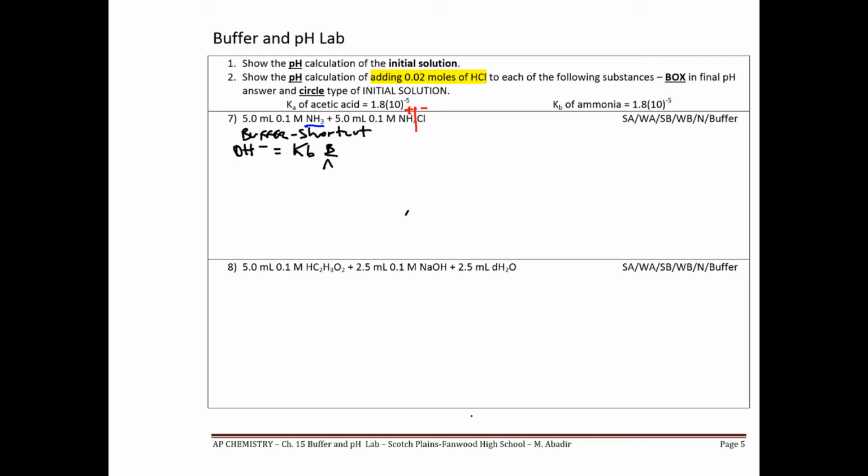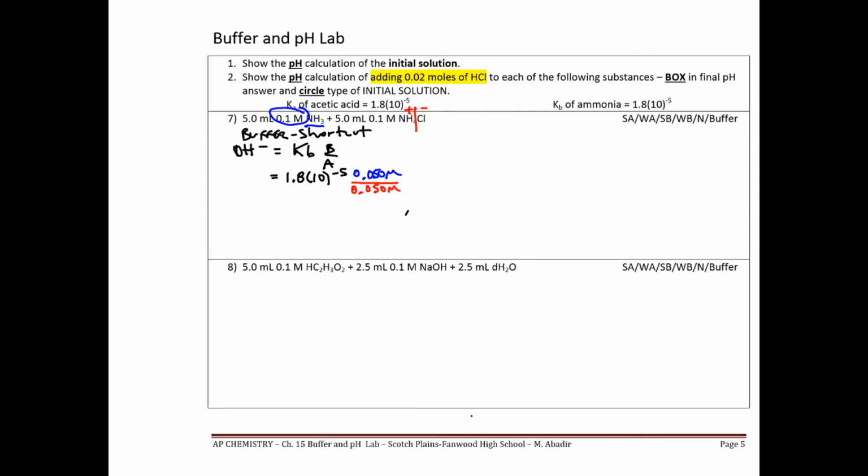So that's going to be B over A. The Kb of ammonia is 1.8 times 10 to the minus fifth. We know that the base molarity is 0.1, but we diluted it to half of that concentration with the NH4 plus. So therefore, we're going to cut both of those in half.